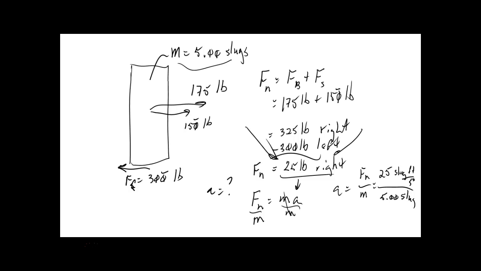All three digits are significant, so 325 pounds was significant. Okay, so we keep the units. Then when they told us the frictional force, they said static friction, but I really think it was kinetic. That was 300. They put the bar over the second zero, meaning all three digits were significant.